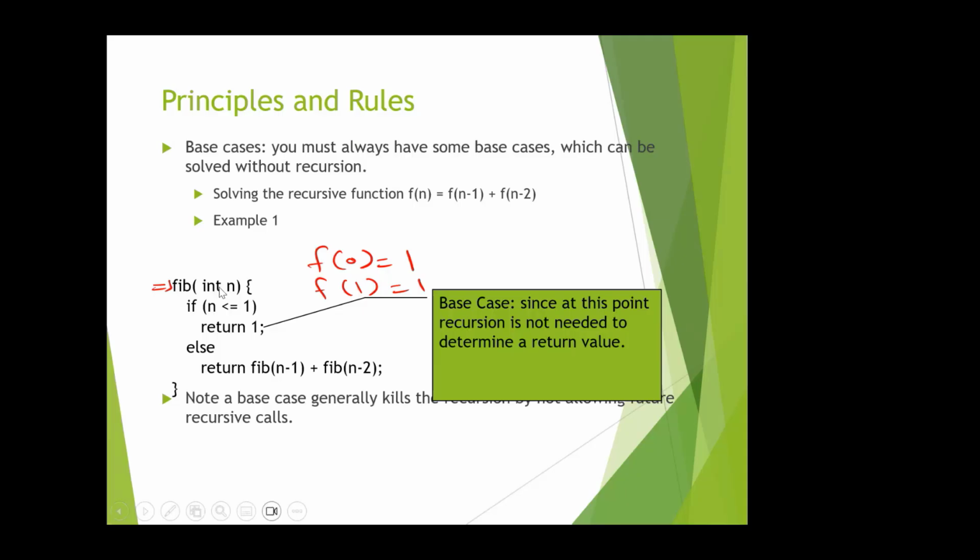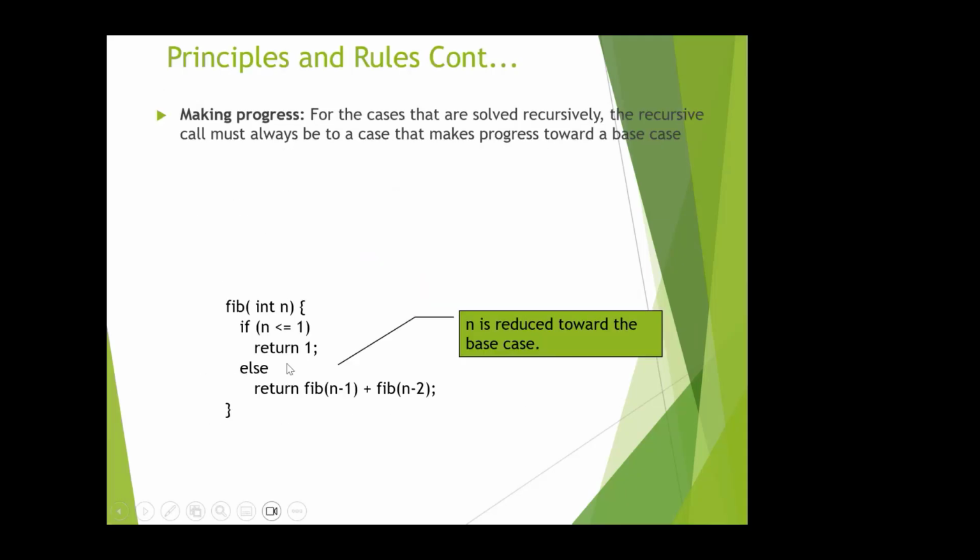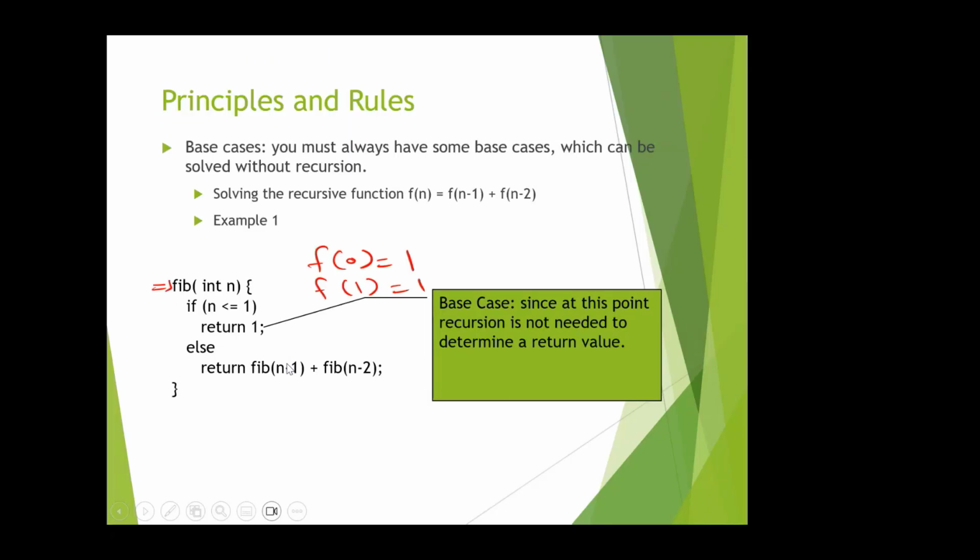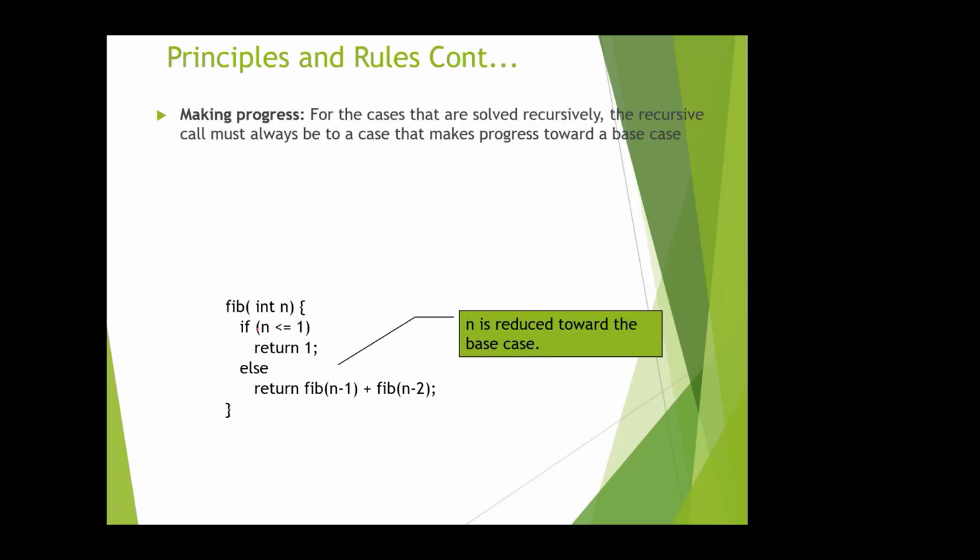The base case generally removes the necessity of recursion, so whenever you reach the base case, of course, you will stop the recursion. Since at this point recursion is not needed, it will return the value 1. After that, for every value of n, it will reduce towards the base case.